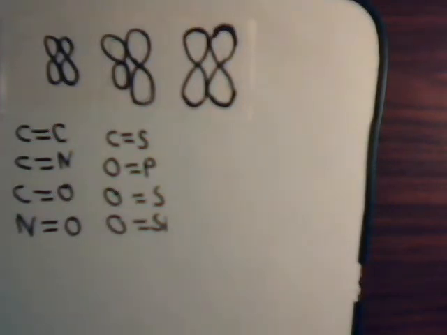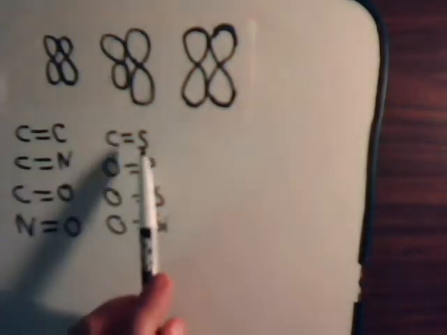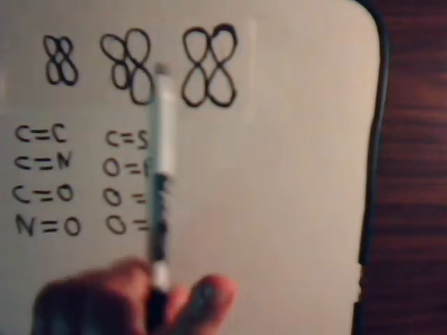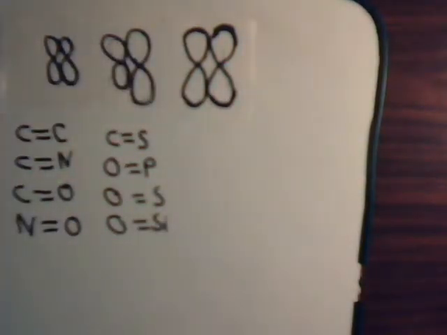In this situation, we would have a 2p orbital overlapping with a 3p orbital. The 3p orbital, of course, is larger than the 2p orbital, so you have some mismatch, and the overlapping is not as effective.